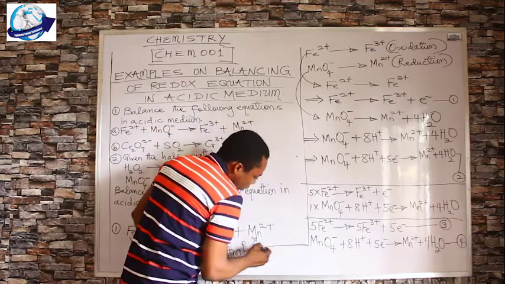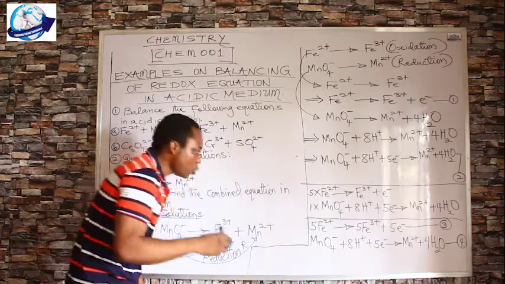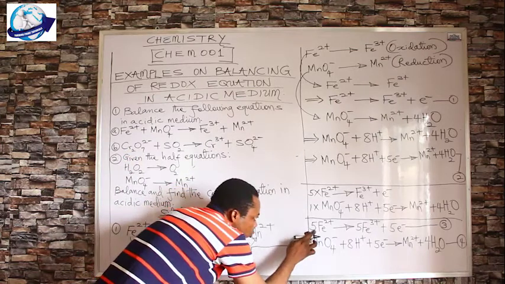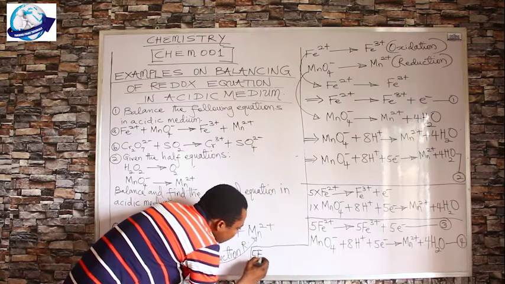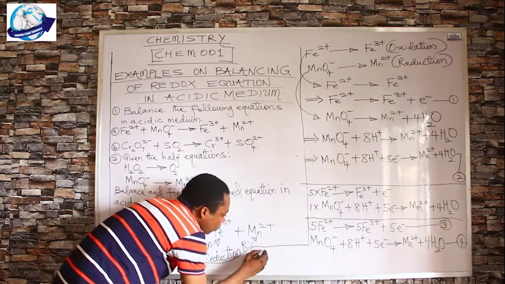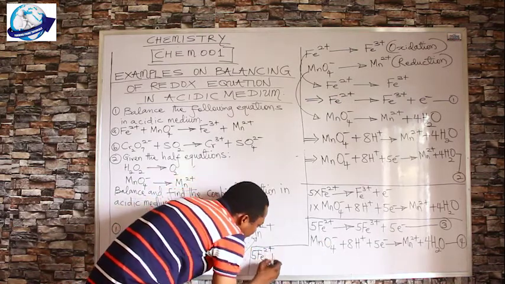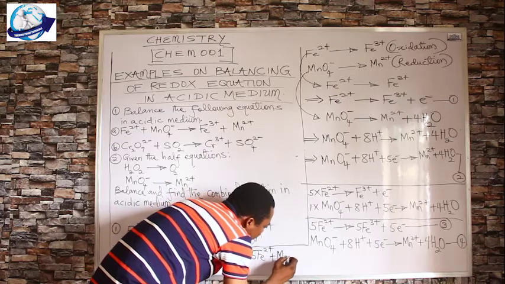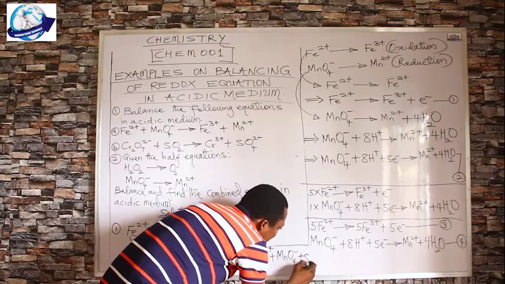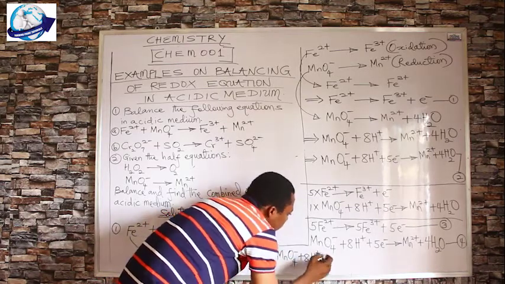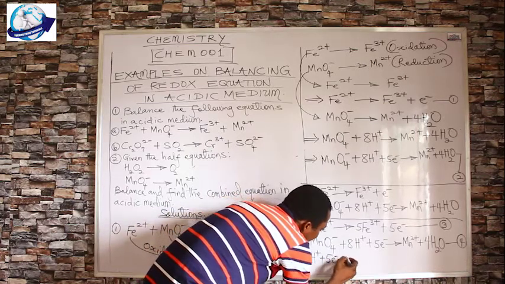Something like this. Let's go this way now. A new equation is formed. Only one equation. That's a combined equation. Look at it right now. This one, you write it down. We have 5 electrons, 5Fe2+, plus this reactant plus this reactant, MnO4 minus plus 8H plus 5 electrons yielding what?